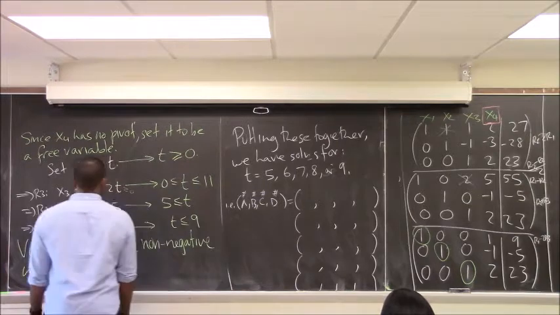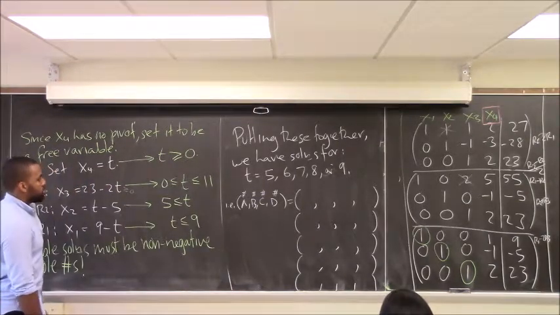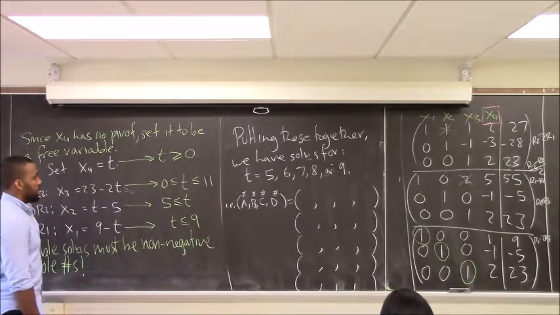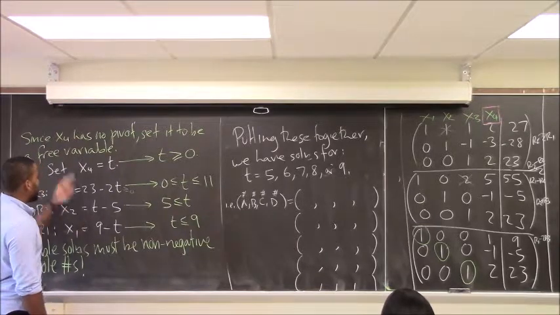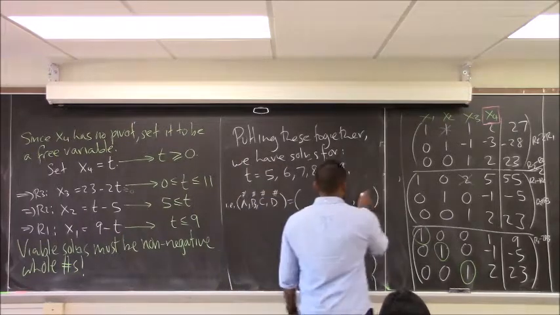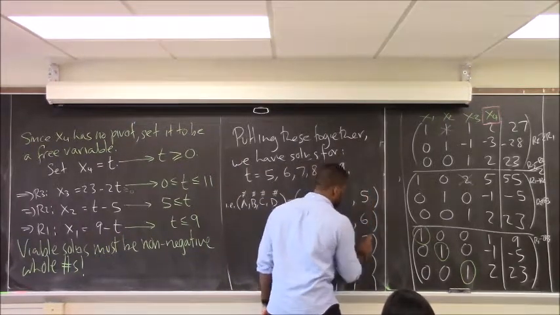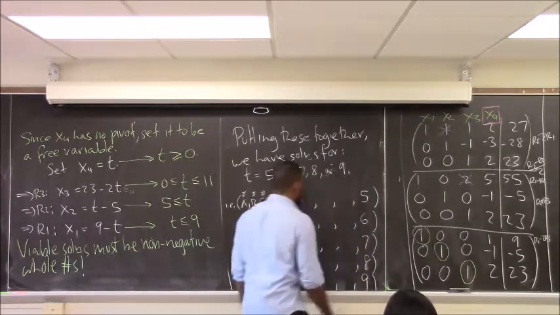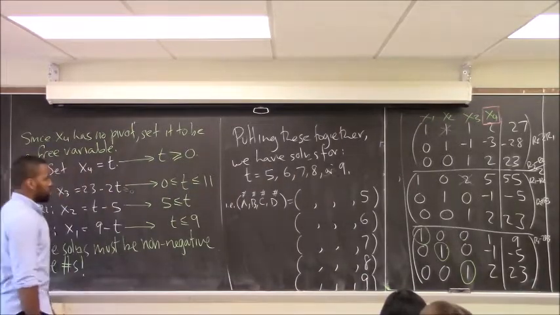Our t has to be between 5 and 9, so it can be 5, 6, 7, 8, or 9, which means x4 is actually the t, x4 is in the last column here. So we can have 5 barrels here, or 6, or 7, or 8, or 9. That will give us possible solutions.